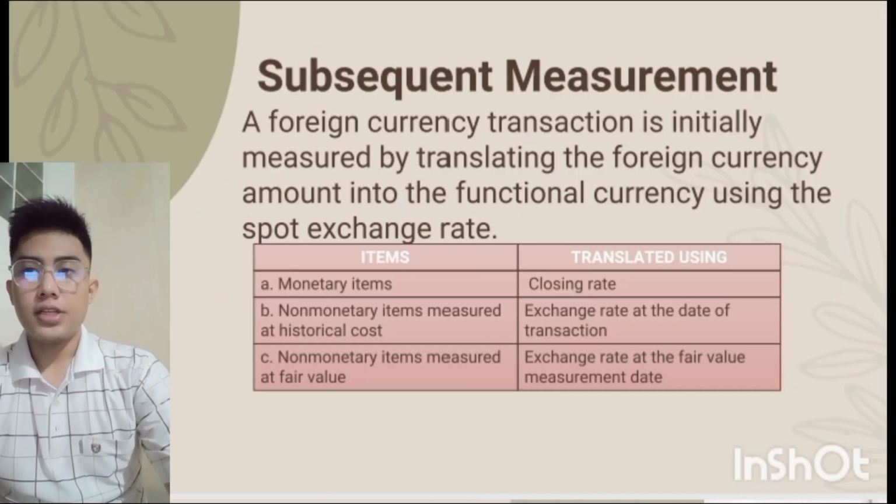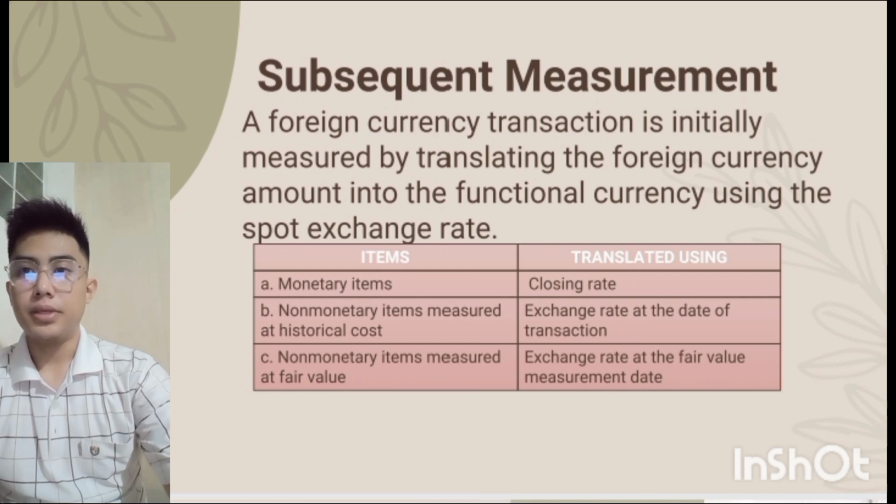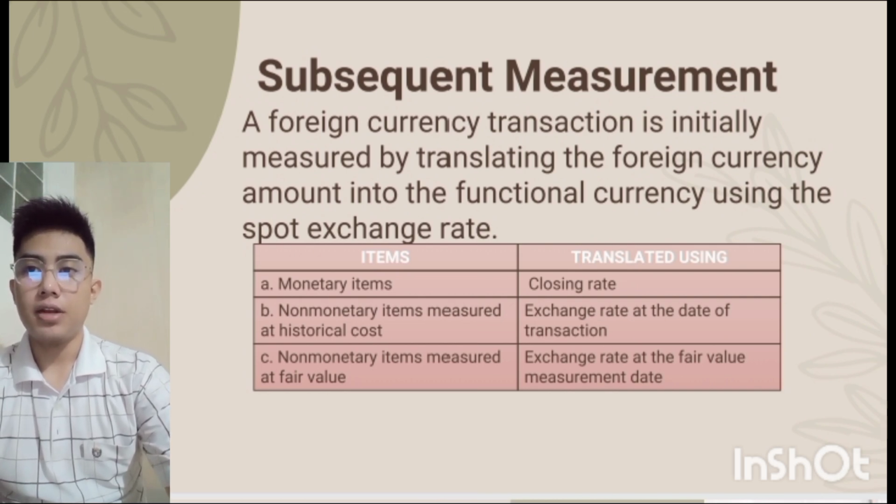Go to the second slide. Subsequent measurement. After the initial recording, the foreign currency amounts are remeasured at different exchange rates depending on the type of the items.